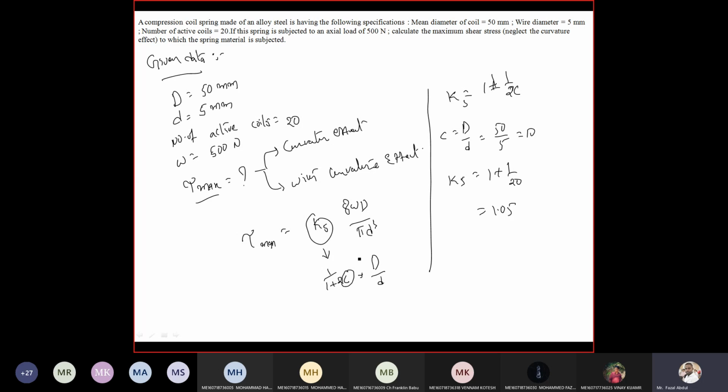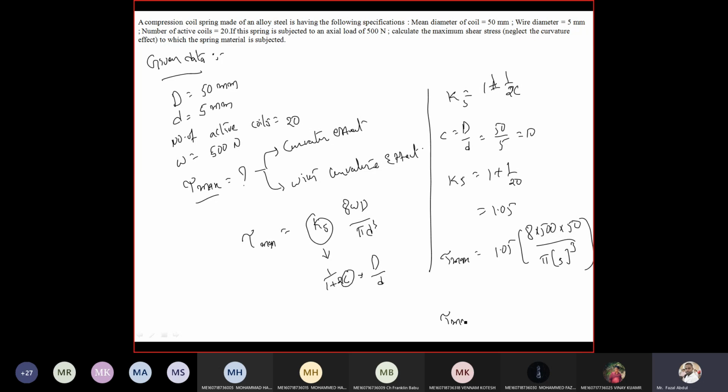Substitute the Ks value in this equation. Maximum shear stress equals 1.05 into 8 into load 500 into capital D 50 mm by pi into d cube, that is 5 cube.